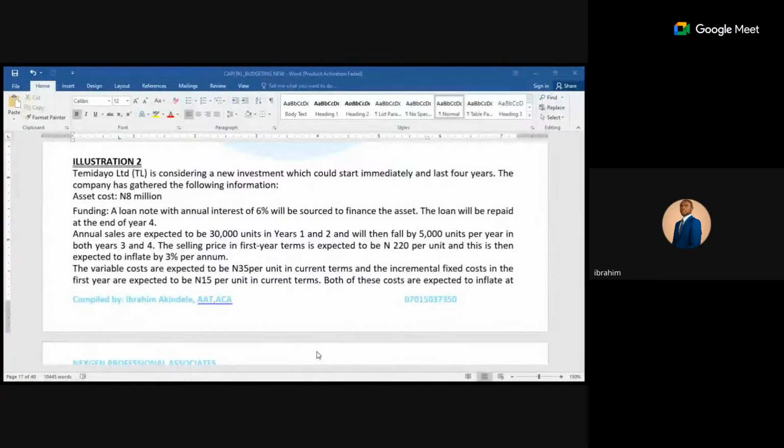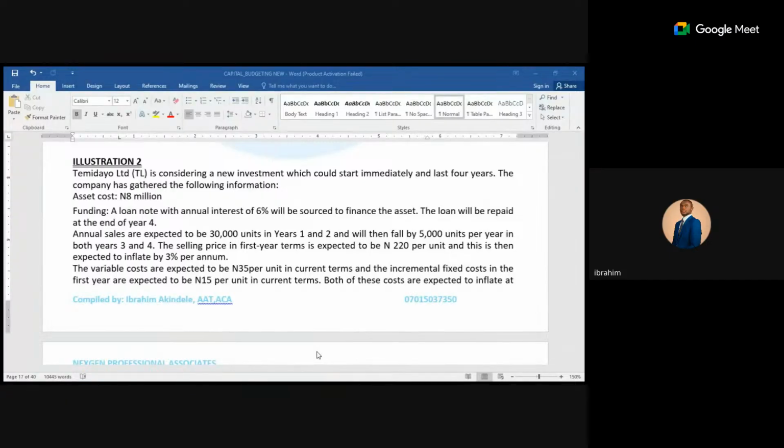Please always understand the requirement of the question. When we get to decision tree, in fact, you will fall in love with decision tree. Don't just rush to it because you see simulation or capital rationing.